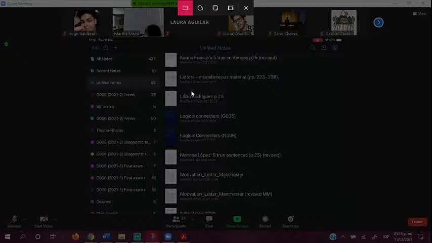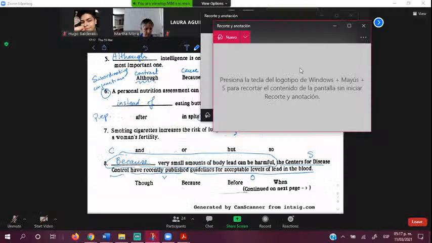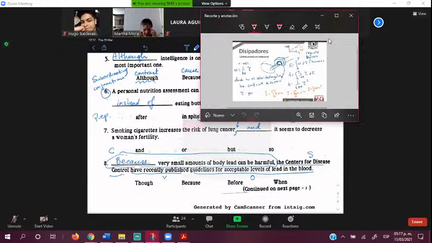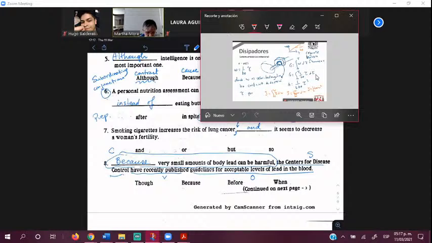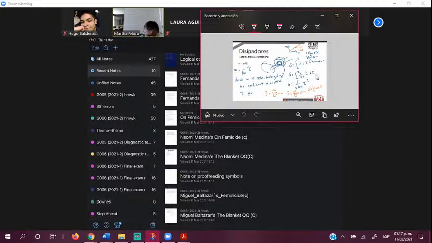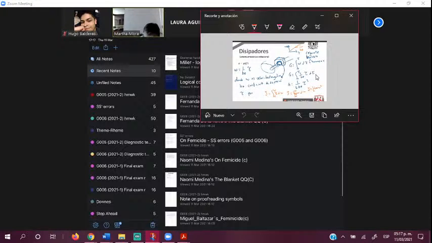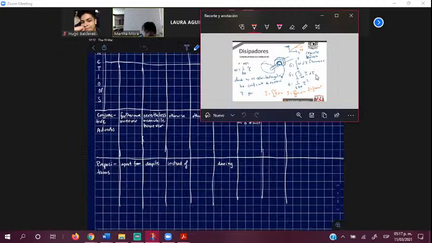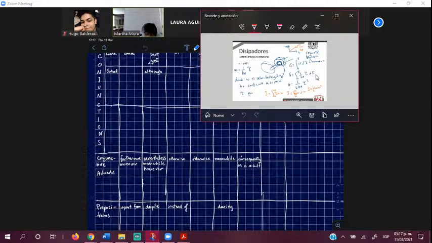So these three are already in the chart? Yes. Instead of, apart from, and we need to see after. It's a preposition and it's a time or sequence connector. So we have apart from, despite, instead of. So what we need is after here.